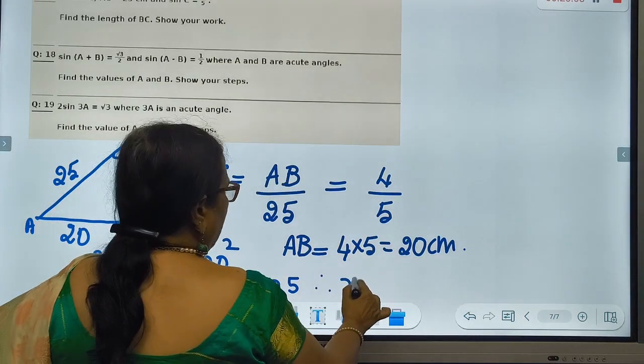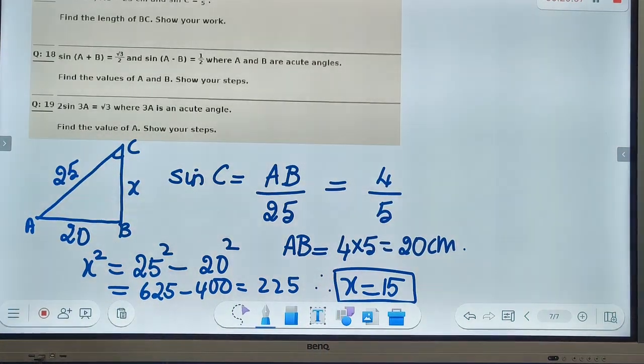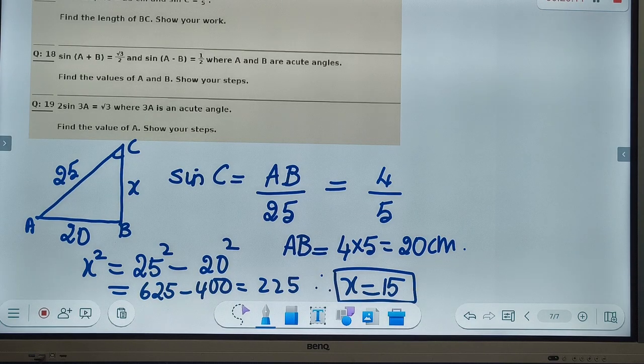Therefore, x will be root of 225, which is 15. X being the length of a triangle, we take it to be positive, and since we are restricting ourselves to the first quadrant, x is equal to 15.